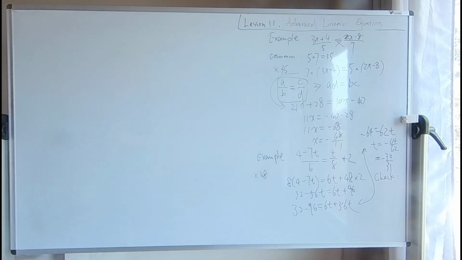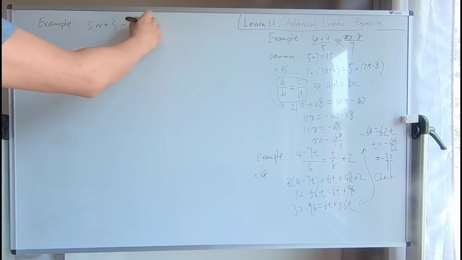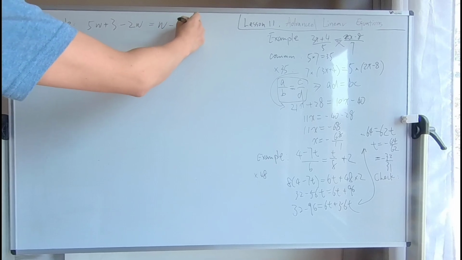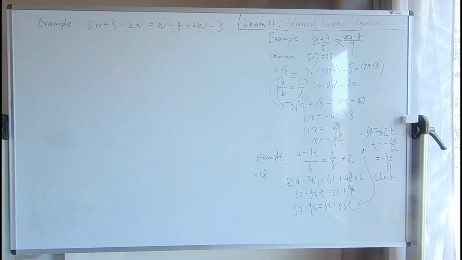It's not always true. So let's see one example. Suppose I have 5w plus 3 minus 2w equals w minus 8 plus 2w minus 3. Let's try to solve this one.